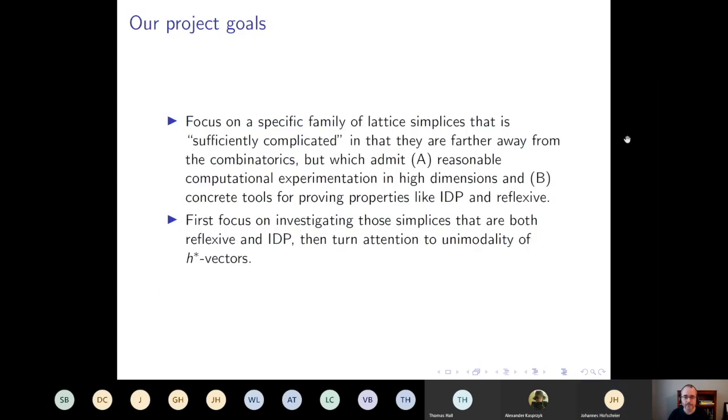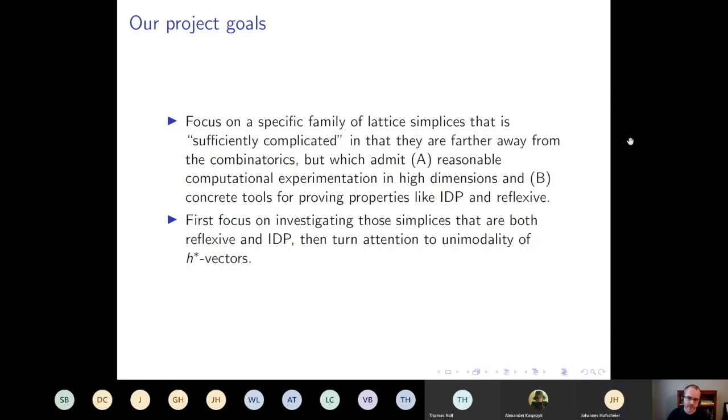Ben? Yeah. Just could you quickly remind us what unimodality means? Oh, yeah. So I'll define that later. But unimodality, if I have a vector, unimodality means that the coefficients weakly increase up to a certain point, and then weakly decrease beyond that. Thank you. Yep.